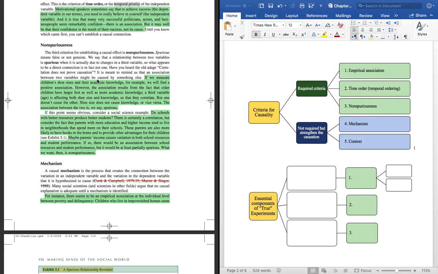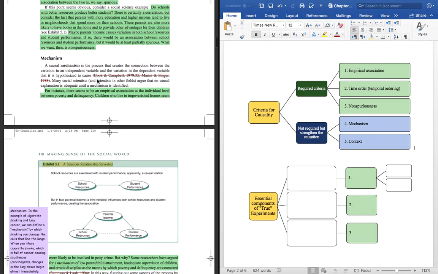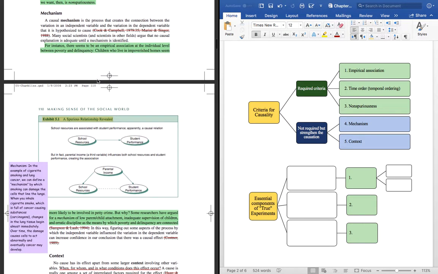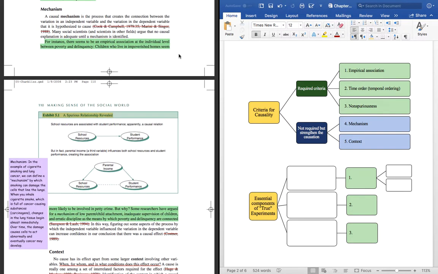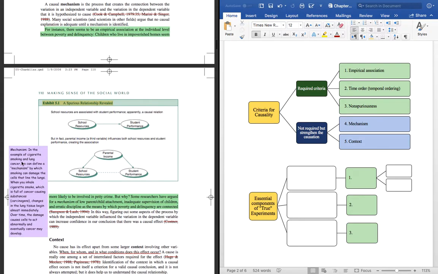Non-spuriousness talks about whether the relationship between our independent and dependent variables is genuine. And then mechanism talks about whether we can explain why there is an association between our two variables. Here in this purple box, I gave you an example of what mechanism means.